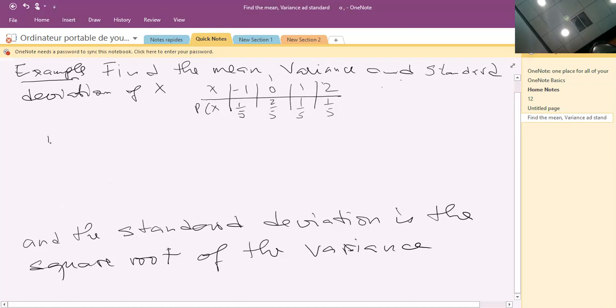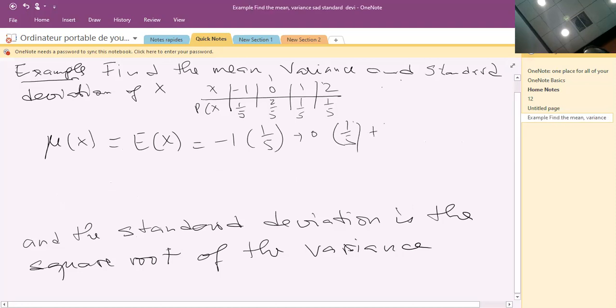So the mean of x will be E of x equals minus 1 times 1 over 5, plus 0 times 2 over 5, plus 1 times 1 over 5, plus 2 times 1 over 5.